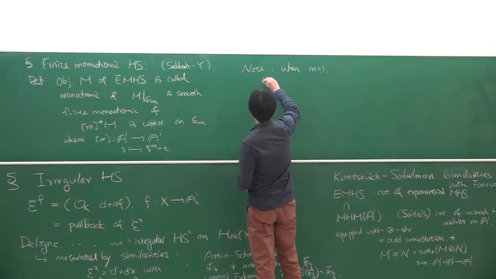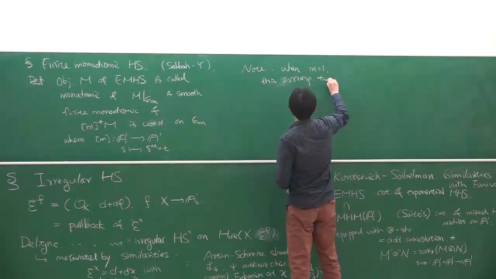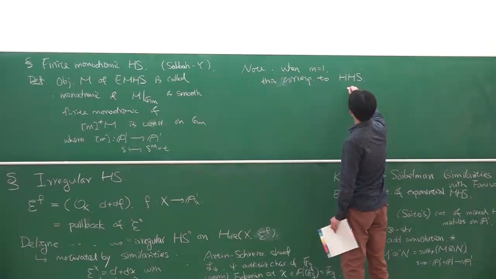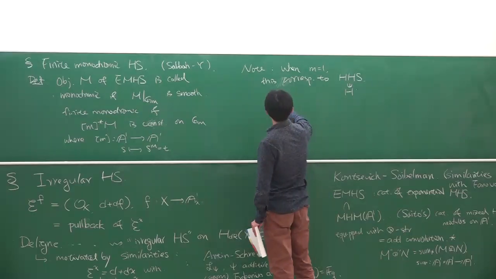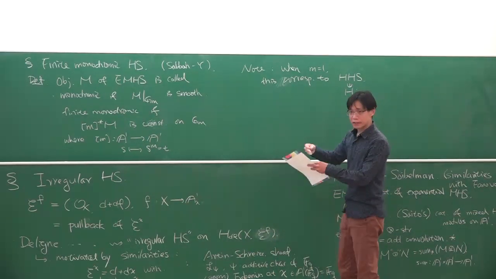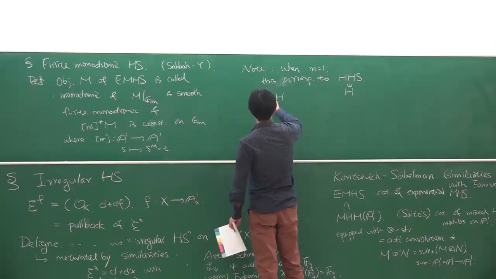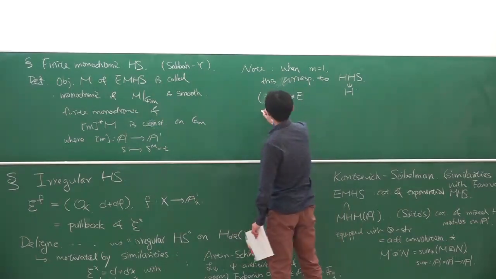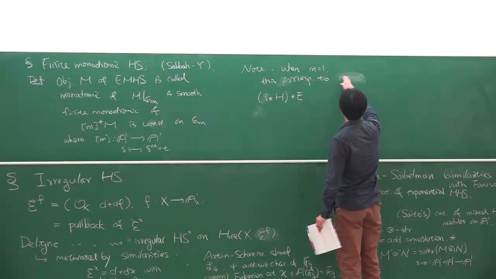Where, if you have a Hodge structure, then you can consider this Hodge structure supported at the origin. Then you consider this pushforward, and then you do this projection. Okay, this will give you an embedding from classical mixed Hodge structures.